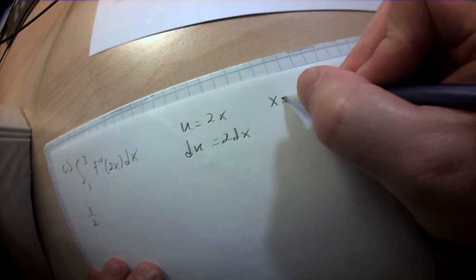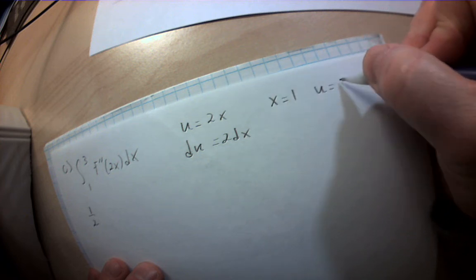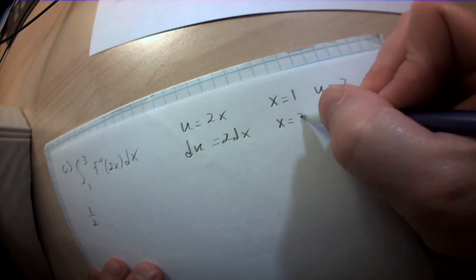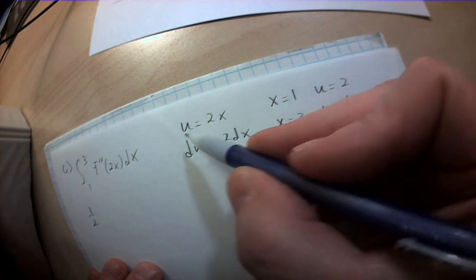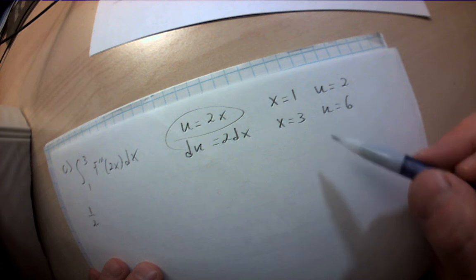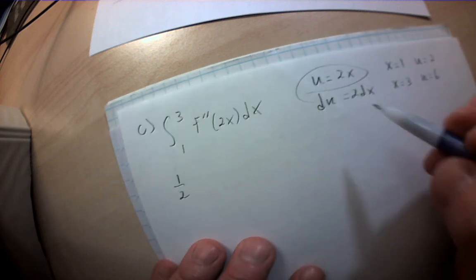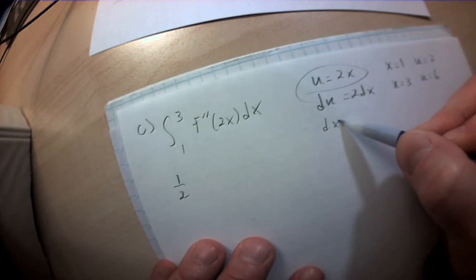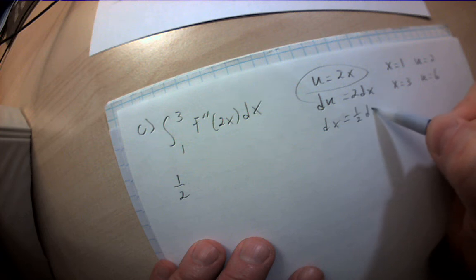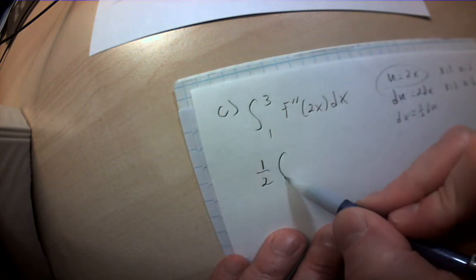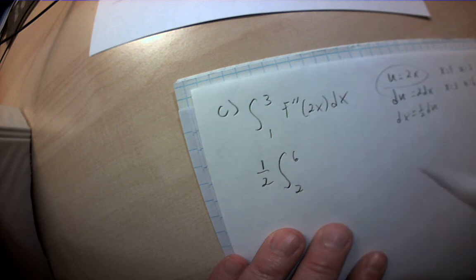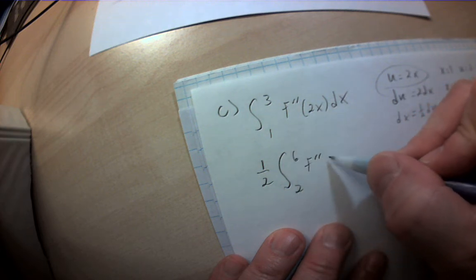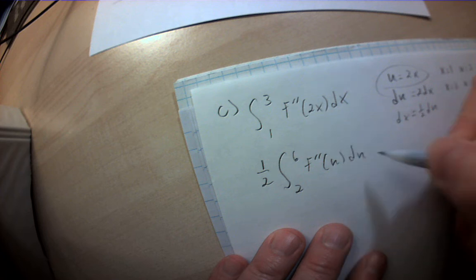When x equals 1, u equals 2, when x equals 3, u equals 6. Because remember, u equals 2x. So dx is going to be replaced by 1/2 du. So I'm going to get 1/2 the integral from 2 to 6 of f double prime of u du.